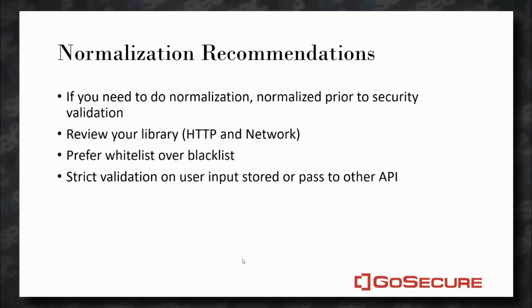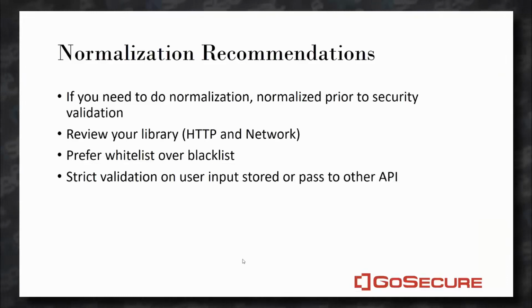So a general recommendation: if you are doing a security check, make sure you do normalization before any security check. Because if you do a validation and, for example, look for a blacklist, there's no keyword X, but after the security check there is a normalization that could generate the keyword X, you can have a bypass.